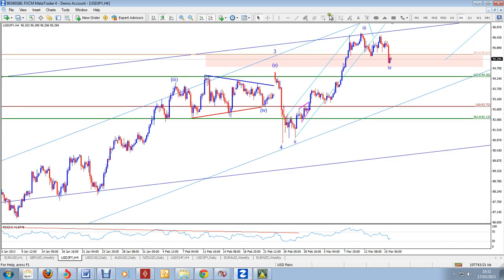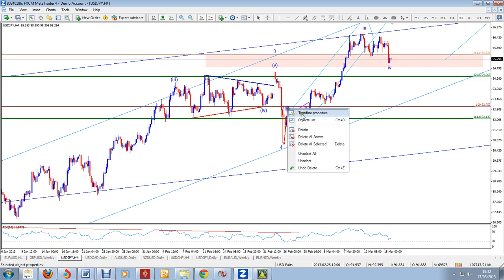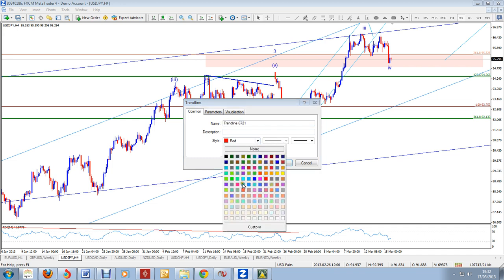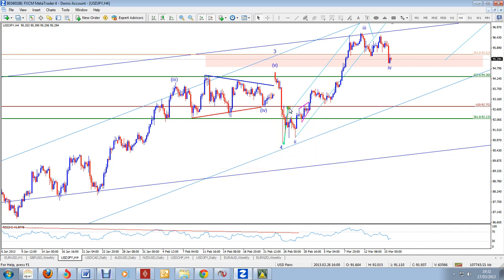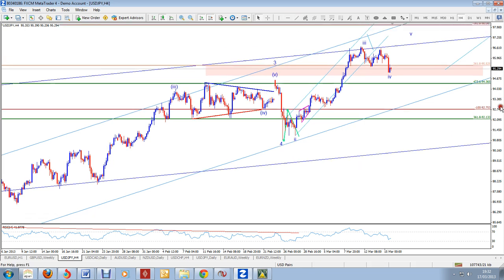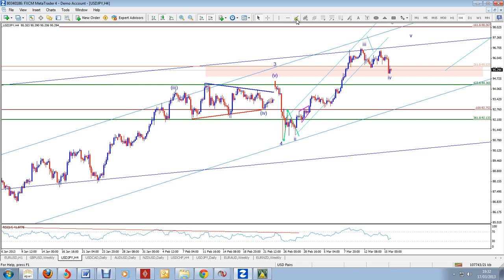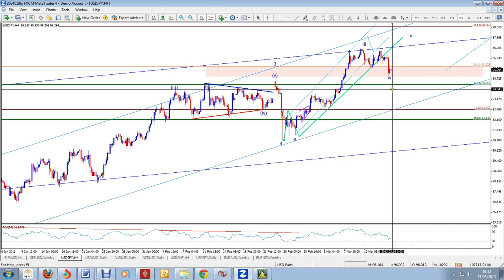So in other words, if I do it in green now, from this bounce here, if that was wave 1, and here's wave 2, in which case we are currently working on a wave 3 which will complete over here, because this is a leading diagonal 1, 2, then 3, 4 and 5.